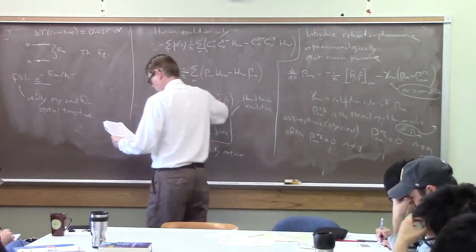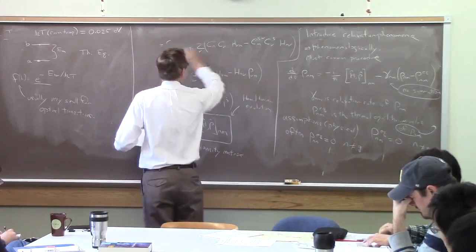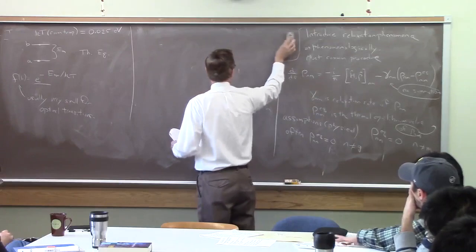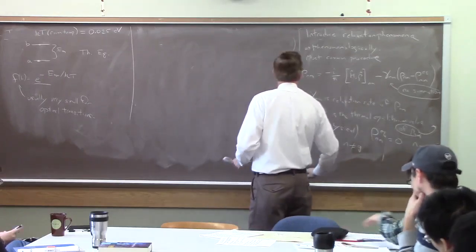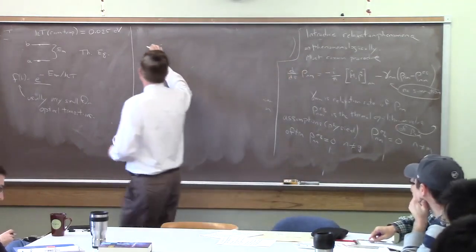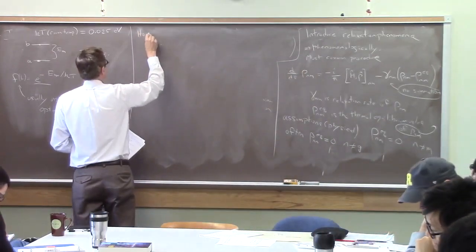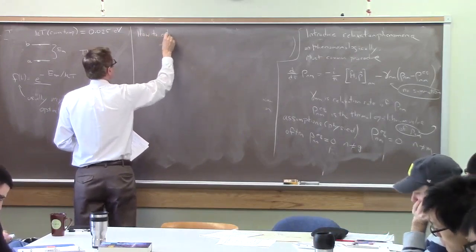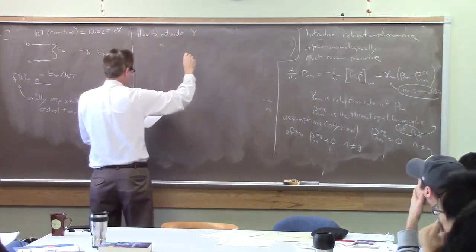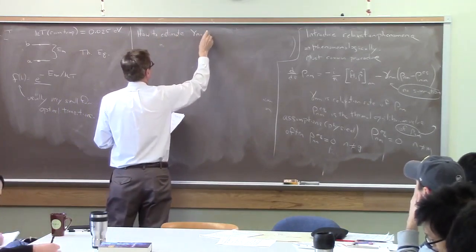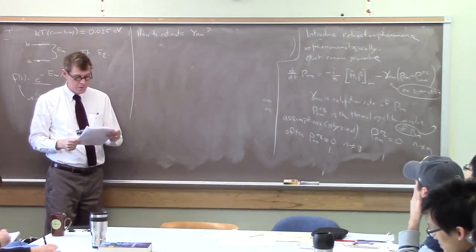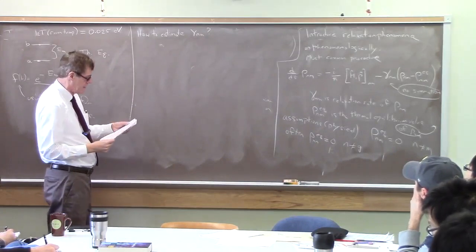Okay, I guess now the question is, I said phenomenological, but still, how would we go about estimating the value of gamma NM?